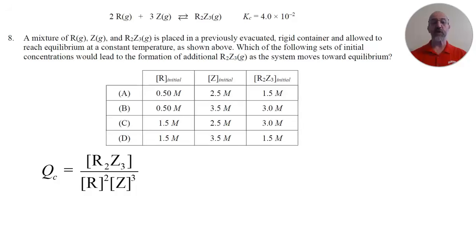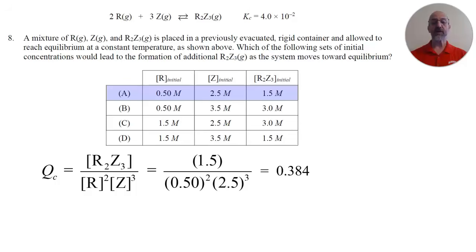So starting with choice A, I will place the appropriate values into the reaction quotient. It's going to be 1.5 divided by the product of 0.5 squared times 2.5 cubed. So when I do that math, I get 0.384.